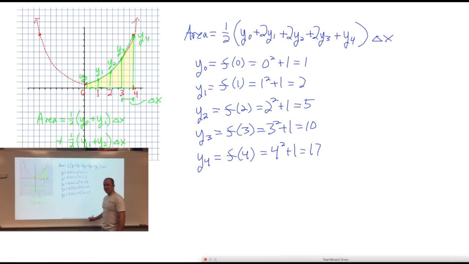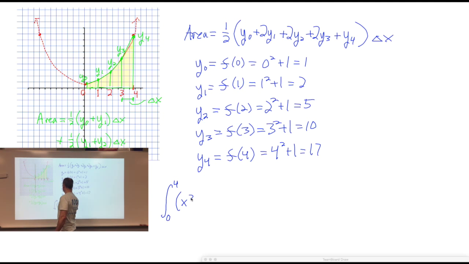So the approximate value of my integral, the integral from 0 to 4 of x squared plus 1 dx is approximately, now I have to use the approximate sign because we know how to find this exact area through anti-deriving and the fundamental theorem of calculus, but these trapezoids aren't going to add up to quite the same thing.